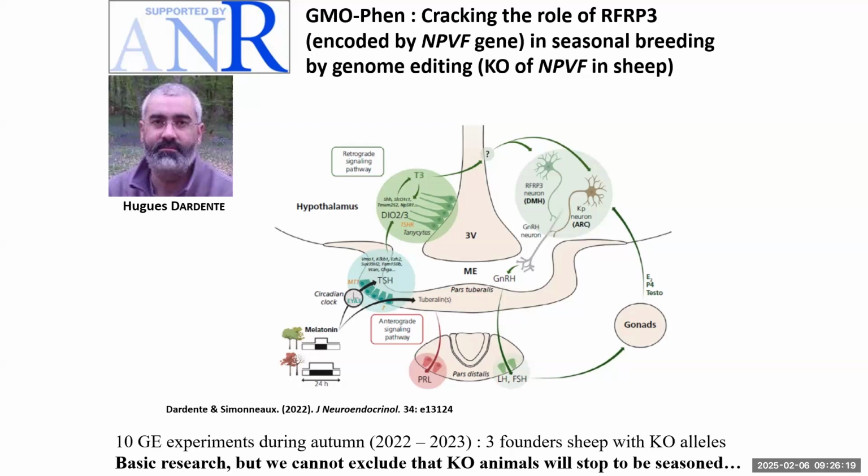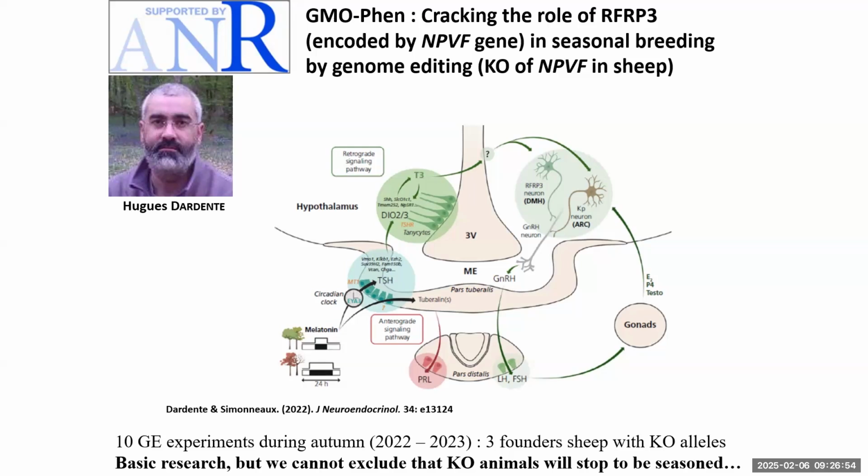So there are two main candidates, because there are two types of neurons that control the GnRH secretion: the neurons that secrete kisspeptin, which are well known, but when you knock them out, you have no reproduction. And there are also some other neurons that have not been clearly investigated, and these neurons secrete a peptide called RFRP.